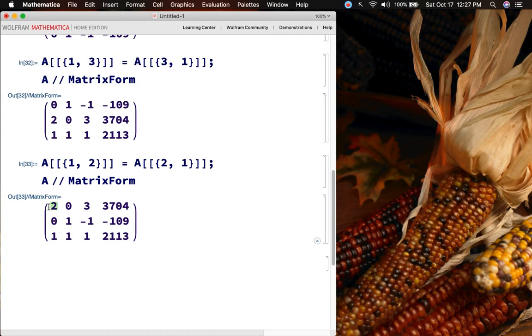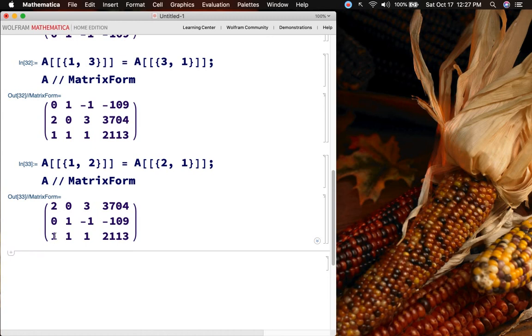So the 2 over here has to be changed into a 1, and all the other numbers are going to be replaced with zeros. And then I want a 1 over here in the second position. Second row, second column, that has to be a 1, and these numbers will be changed into zeros. And then in the third row, third column, this number has to be a 1, and then these numbers have to be zeros.